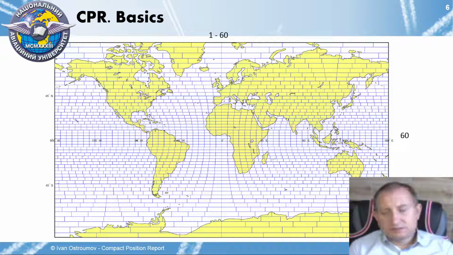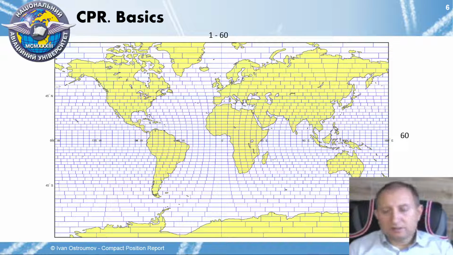And in this case, we divide the whole volume of latitude and longitude into specific rectangles. And for ADS-B, we use 60 layers of latitude. These layers are like rings around our planet.